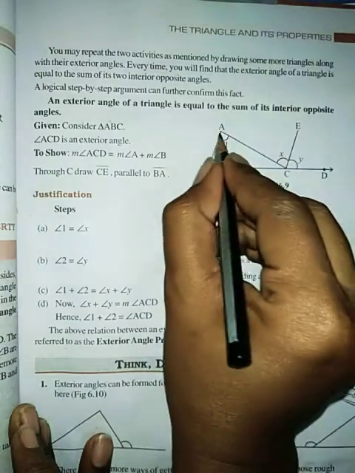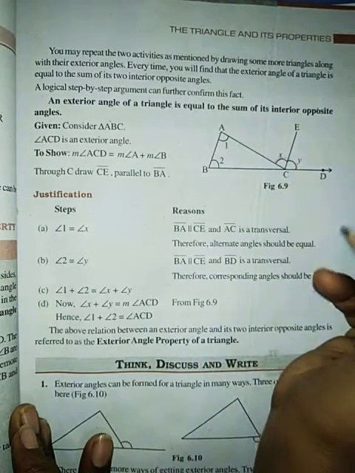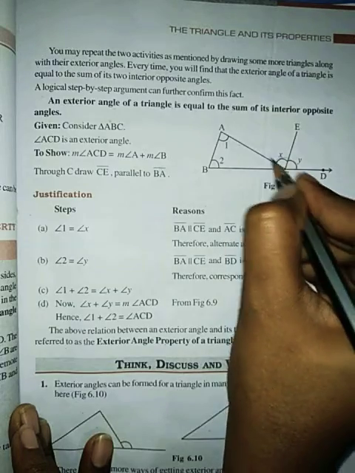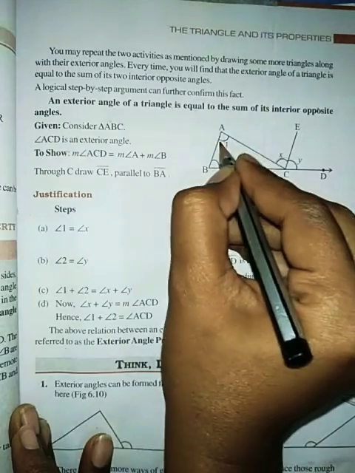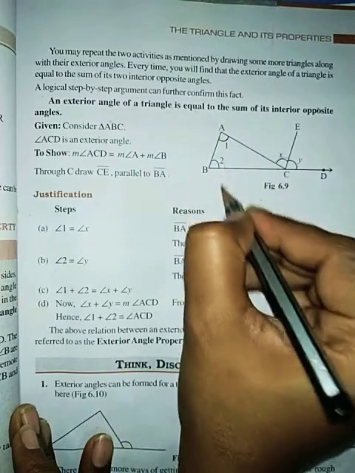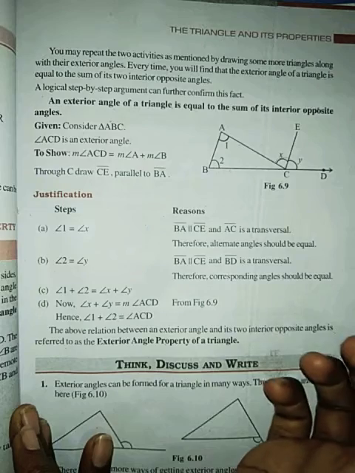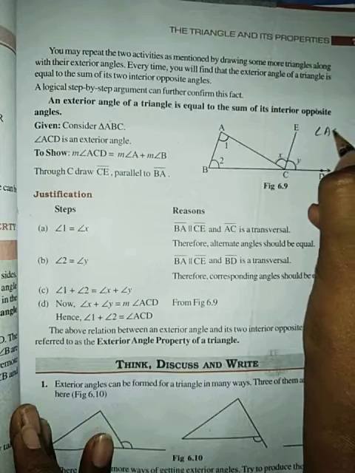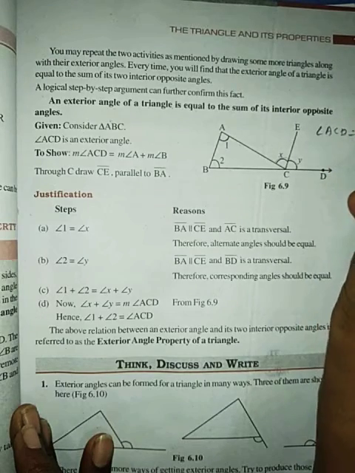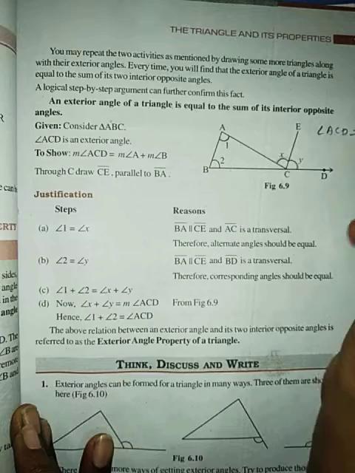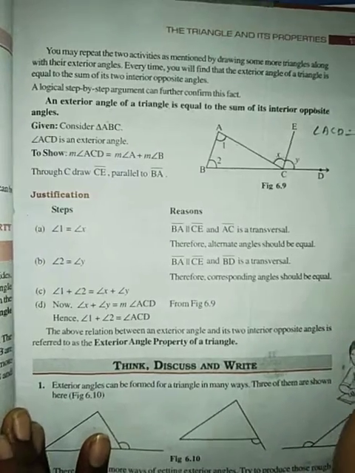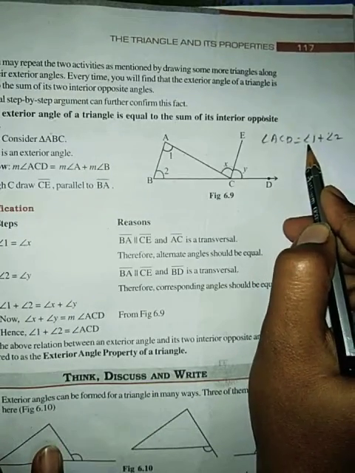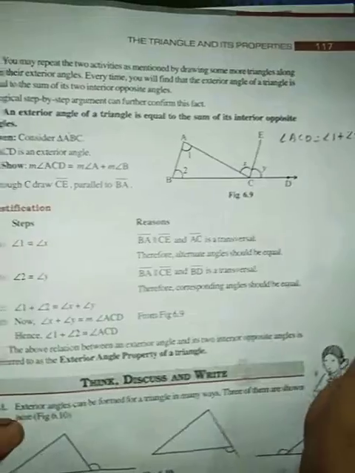Suppose this is the exterior angle ACD. Now this angle ACD is equal to angle 1 plus angle 2, that we have to prove.